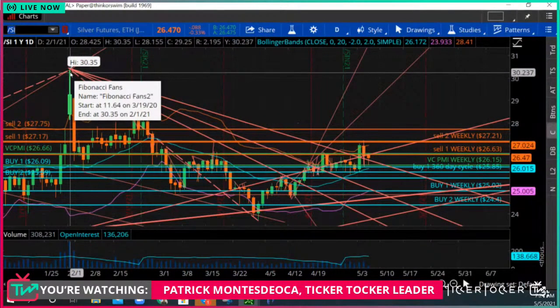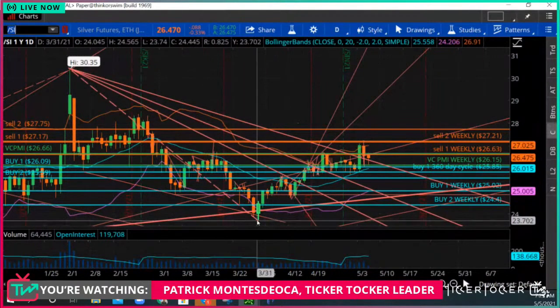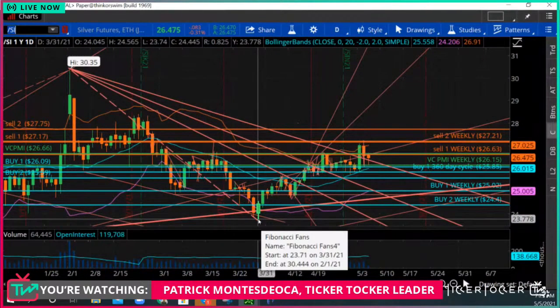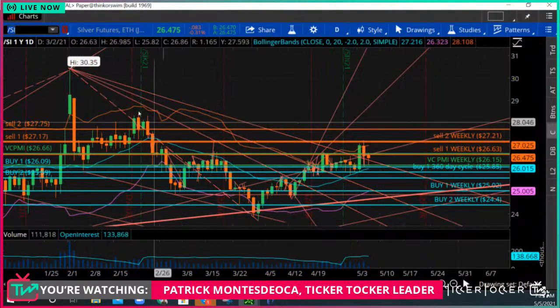This was the Reddit movement and the short squeeze movement. And what we saw here is the market drop from 30.35 all the way down to 23.74. That's almost a $7 an ounce move against the sentiment.